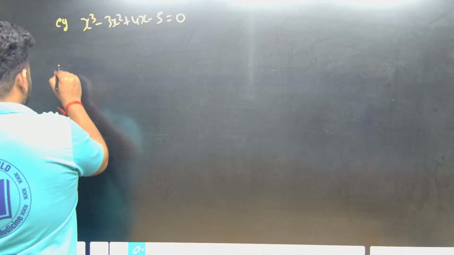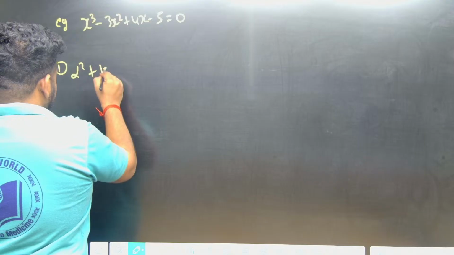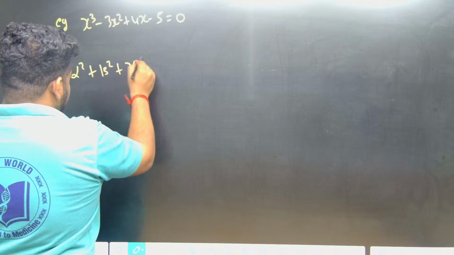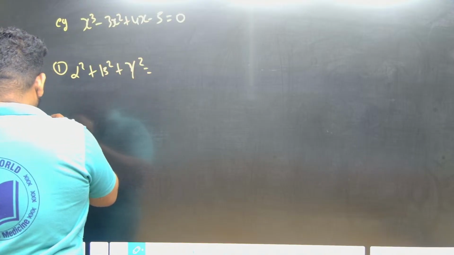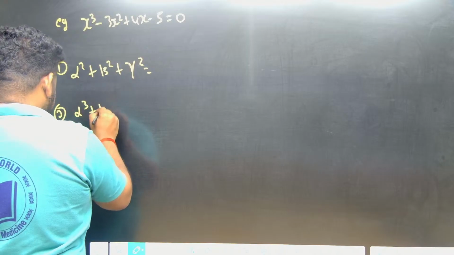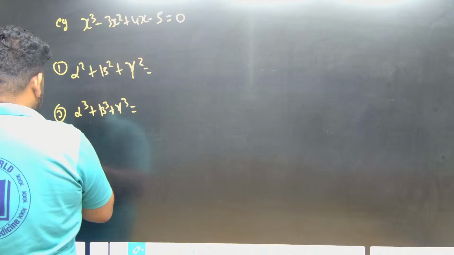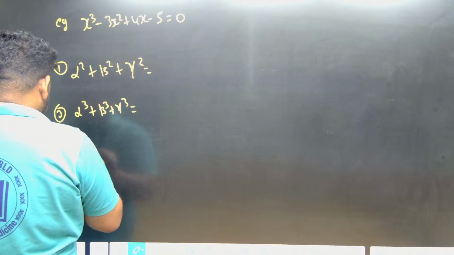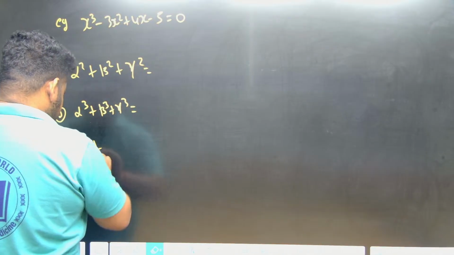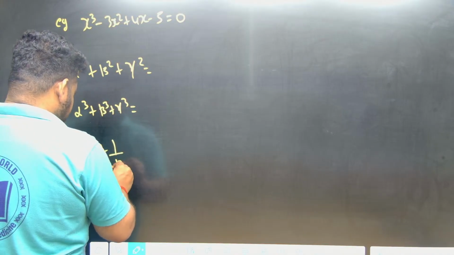Then they will ask you to find, first, alpha square plus beta square plus gamma square is equal to what? Next, alpha cube plus beta cube plus gamma cube is equal to what? Third, they will ask 1 by alpha plus 1 by beta plus 1 by gamma.